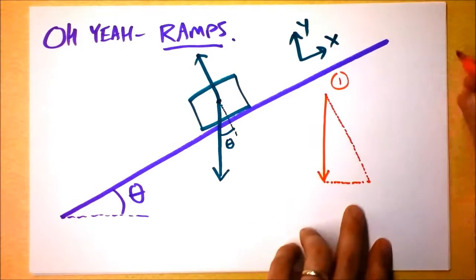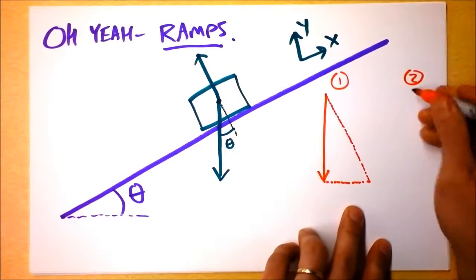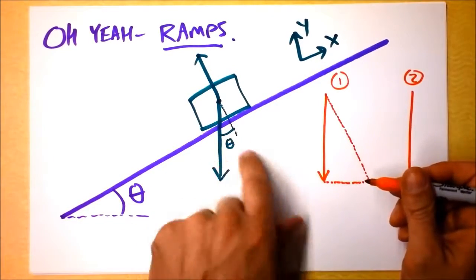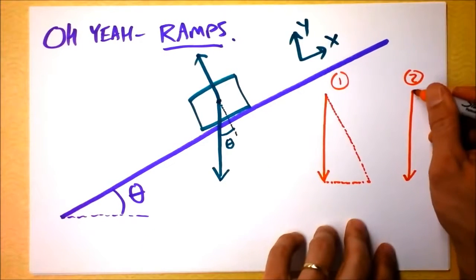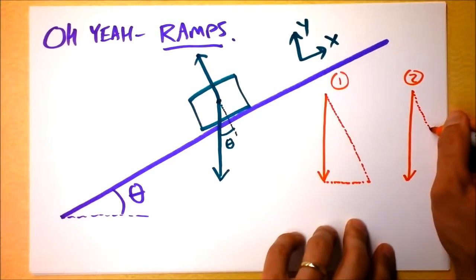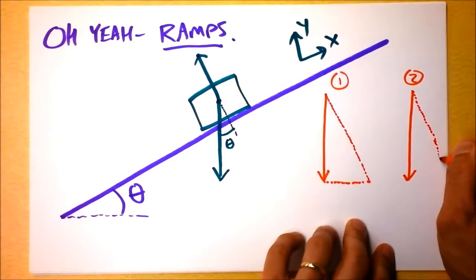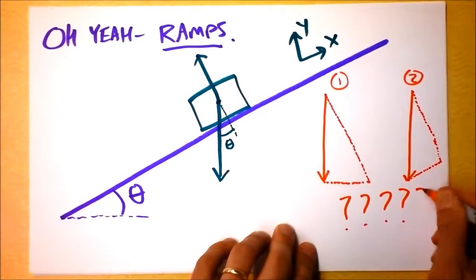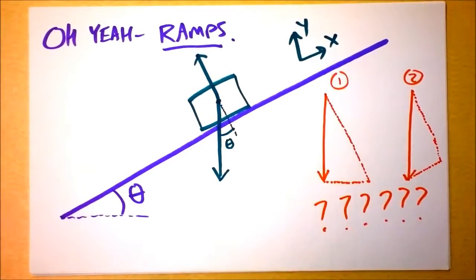Or do you resolve this vector like 2, where I draw the vector just as it was, and I draw a dotted line this direction, and then a dotted line this direction? Which of these has properly resolved the downward vector based on the way that I've taught you to resolve vectors?